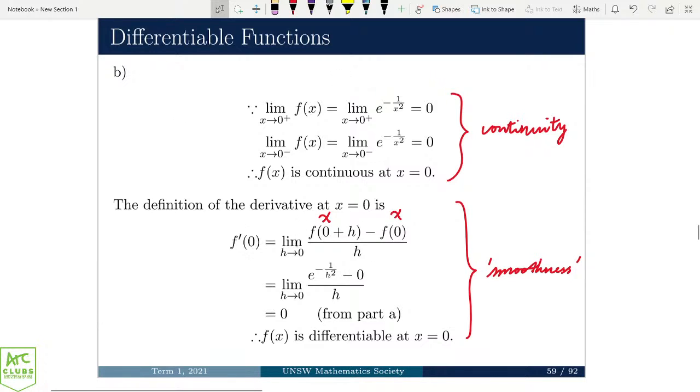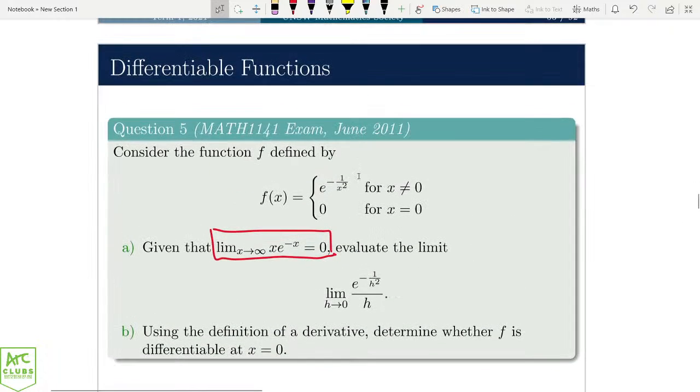If that limit exists, then we know our function is differentiable at x equals 0. Because we're dealing with this particular point, we just substitute 0 into x, and then f(h) is simply e to the negative 1 on h squared, as given in the question. So we just substitute h for x.